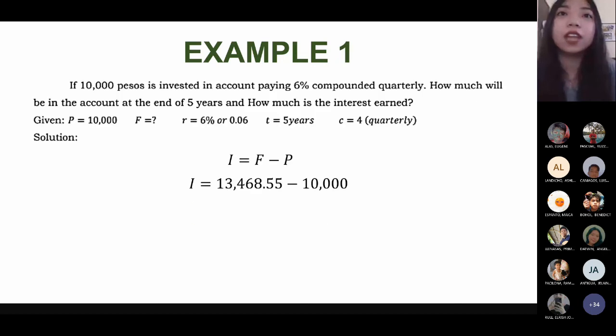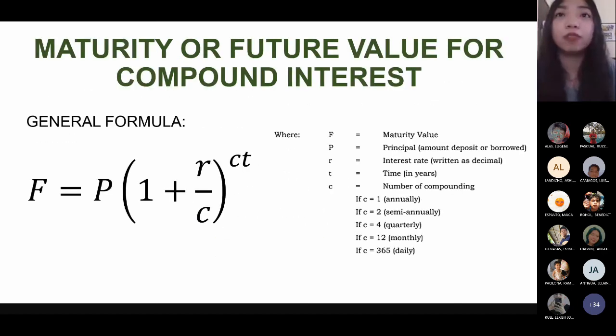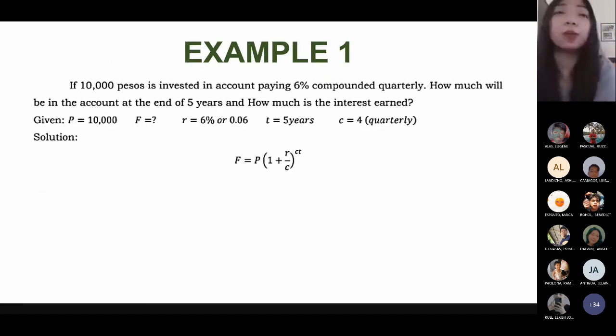Now, you will look again sa ating list, especially pagka hindi ka pa familiar. So we have annually and then followed by semi-annually. So we can see that under semi-annually, yung value ng C natin is equal to 2. So yun pala yung given natin sa example number 2.